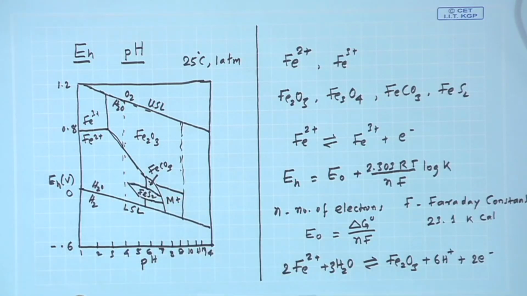As you could see, if we work out this reaction, the detailed calculation of which will be given, and the Eh-pH relationship is found out, we can always have Eh equal to E0 plus 0.059 into pH.